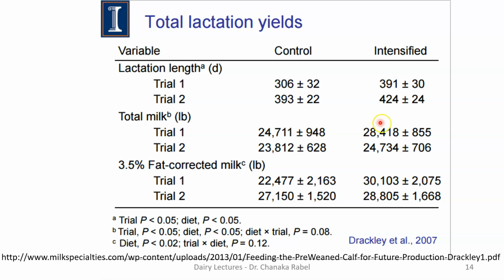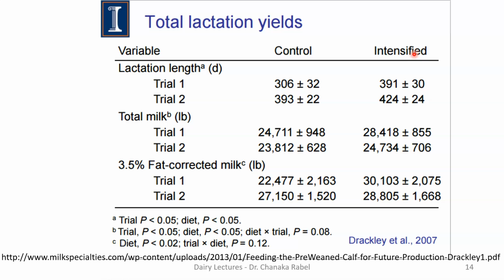It's not exactly the total fat, but I don't want to go into details about fat corrected milk. So total fat is high here, which means the dollars or rupees you get is much higher for intensified feeding.